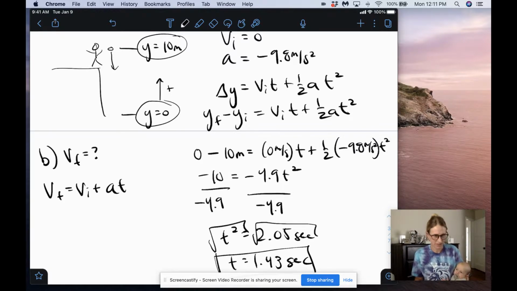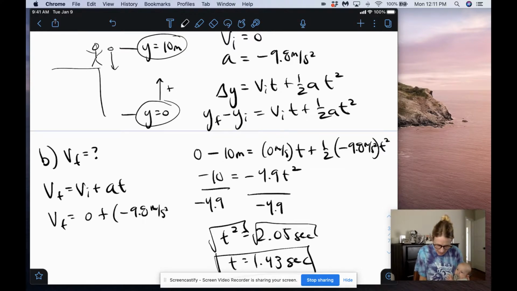It's already solved for final velocity, and there's no squareds in it. So final velocity equals initial velocity, which I know is 0, plus acceleration, negative 9.8 meters per second squared, times time, which I just found to be 1.43 seconds.